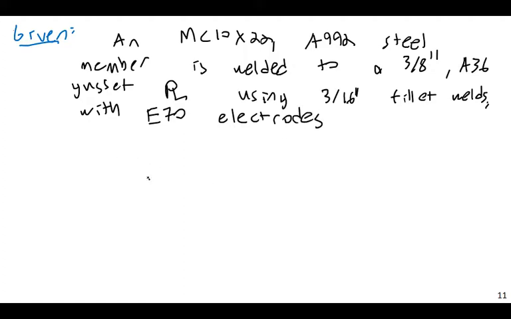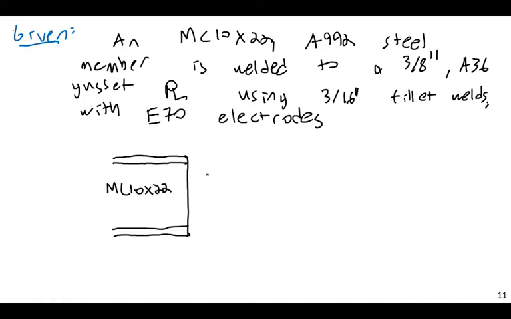So basically we have this. So you have an MC 10 by 22, and connected to this is some sort of gusset plate.